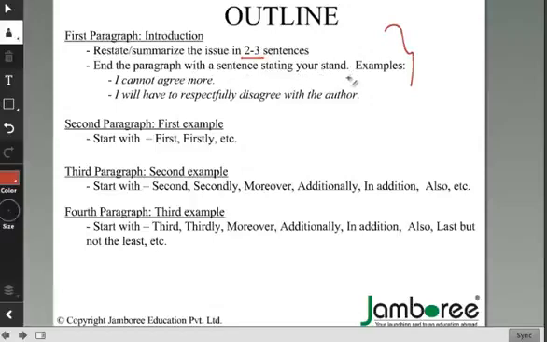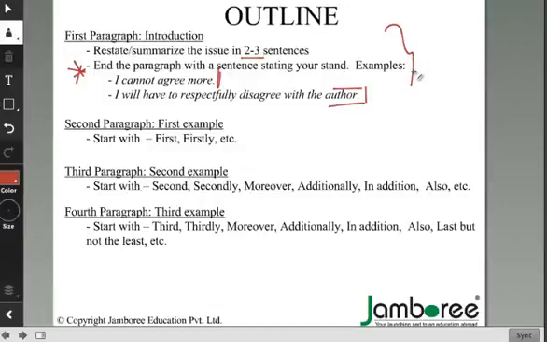For example, if you agree, you can say things like, I cannot agree more, or I wholeheartedly agree, or I completely agree with the author. Anything to show that you are going to write a for essay. If you are going to write an against essay, then it's like, I will have to respectfully disagree with the author, or I am not completely aligned with the author's thought process. This sentence is extremely important because you will have to clearly show your stand.